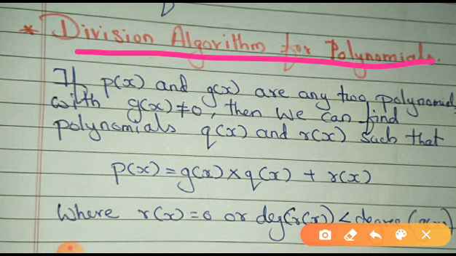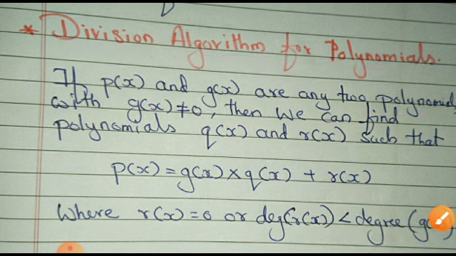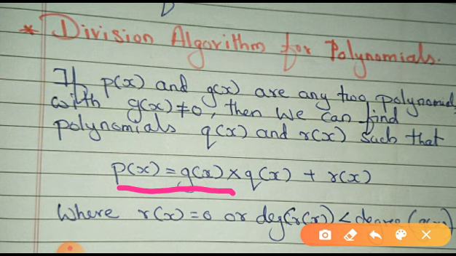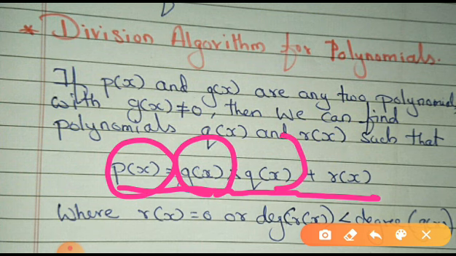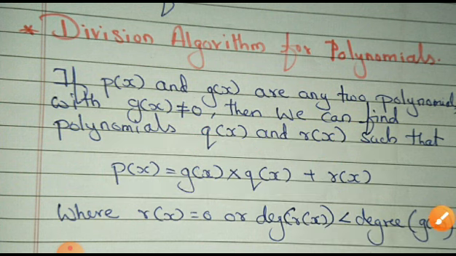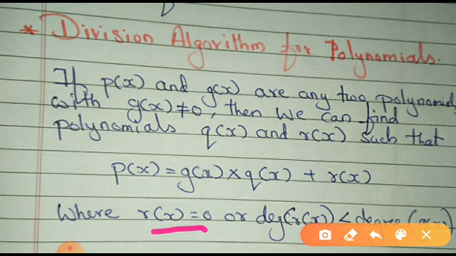Now here we are going to see it for polynomials. So if p of x and g of x are any two polynomials with g of x not equal to 0, then we can find polynomials q of x and r of x such that p of x is equal to g of x into q of x plus r of x. This is dividend, divisor, quotient and the remainder. Now see what is the condition on r. Your condition on r of x is either 0, that means the remainder may be 0.